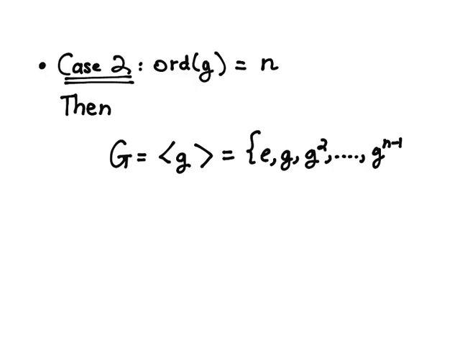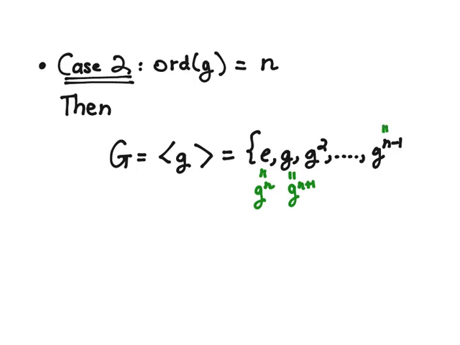At some point I'd get to g to the n-1 power, and then I'd want to write g to the nth power next, but if n is the order of g, then that means g to the nth power is equal to the identity, which I've already written down. And then from there, it also means that g to the n plus 1st power is the same as g, which I've also written down.